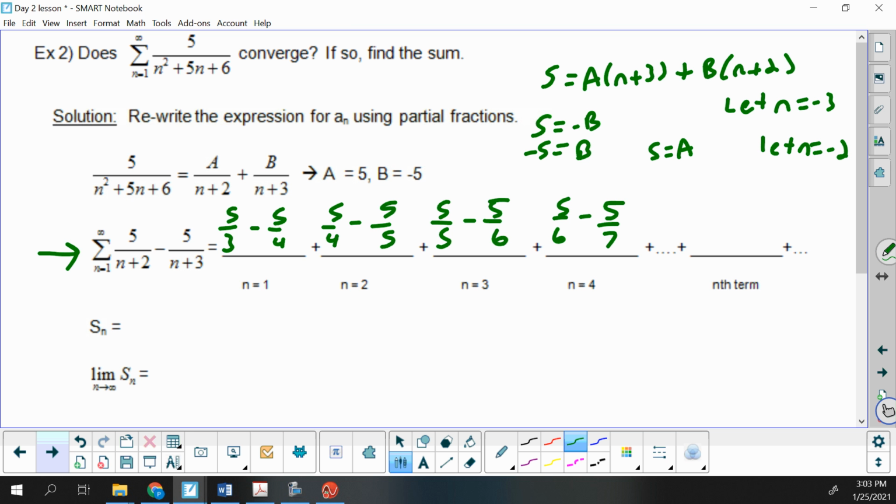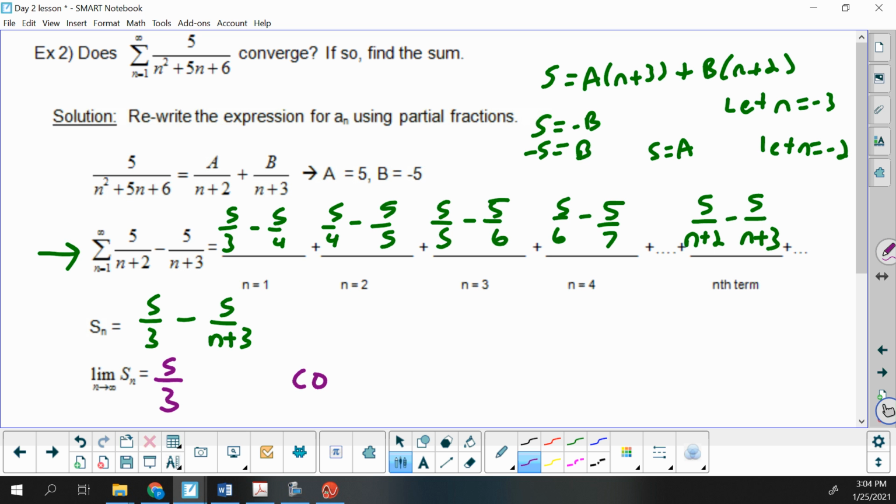And in terms of n, the last term is going to be 5 over n plus 2 minus 5 over n plus 3. Well, this is telescoping. Once they all wipe out, we'll just have the first term, 5 thirds, minus the last thing, so 5 over n plus 3. And that represents any nth partial sum that we could be working with. As n goes to infinity, this goes to 5 thirds, so it would converge.